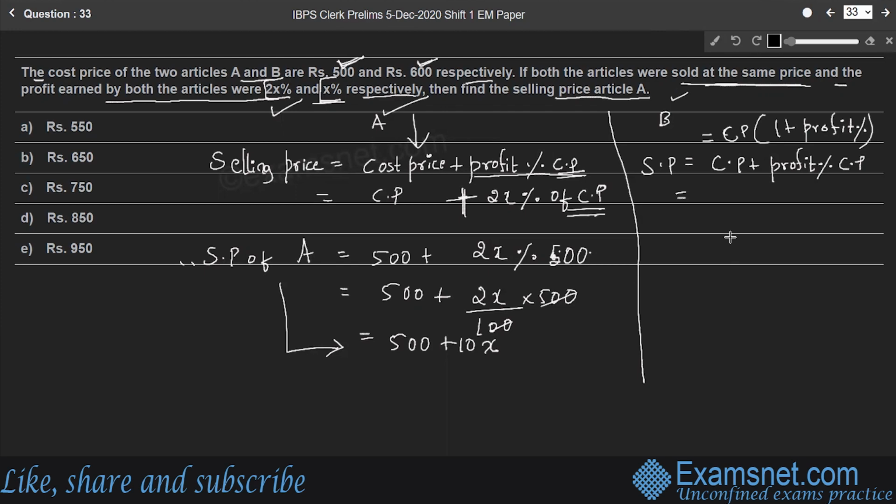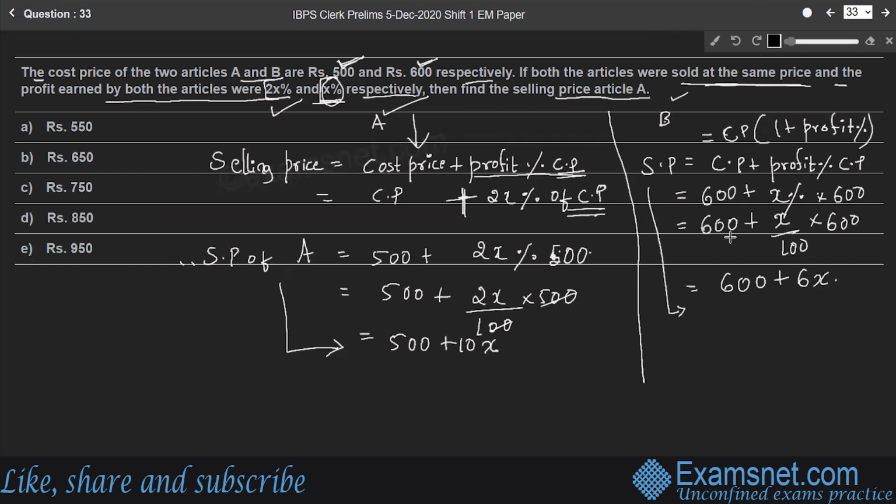So here cost price of article B is given as 600 rupees plus profit percentage, which is x%, right? x% of cost price, x% into 600, right? Because profit is calculated based on the value of cost price, right? Therefore 600 plus x by 100 into 600, it is 600 plus 6x, right? So this is selling price of article B.